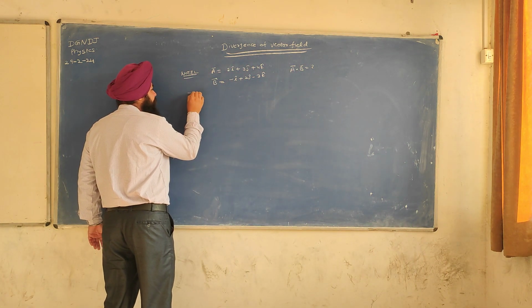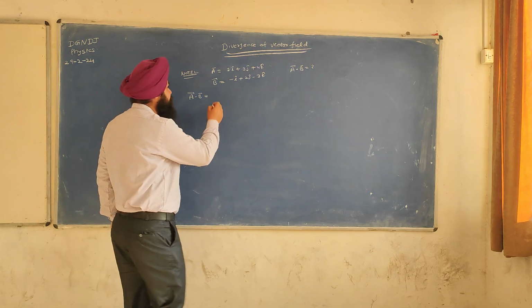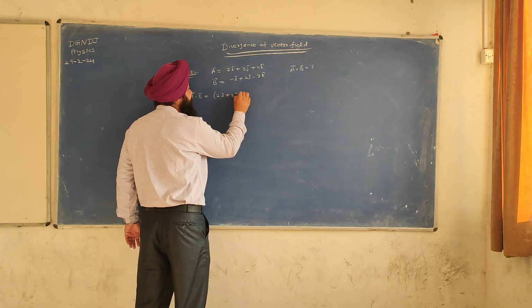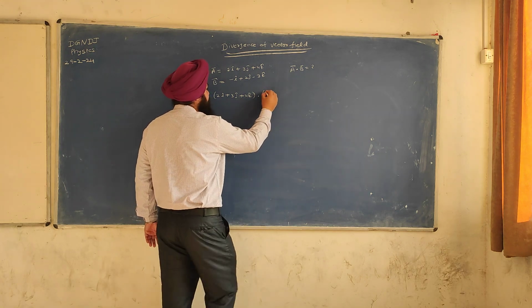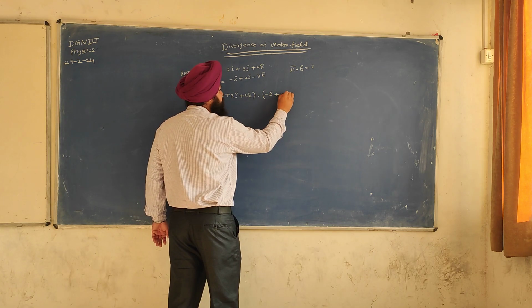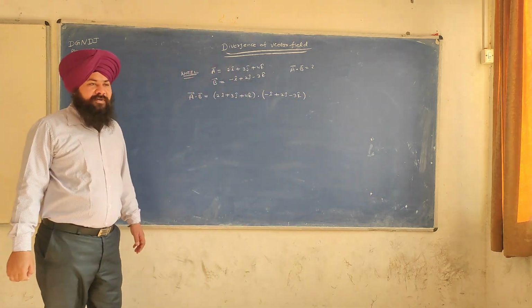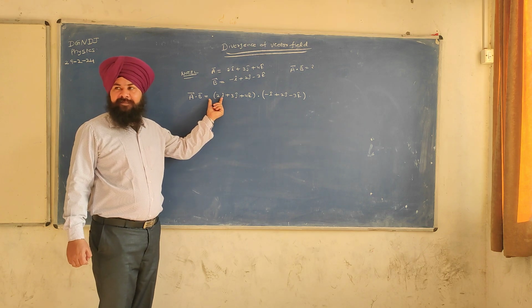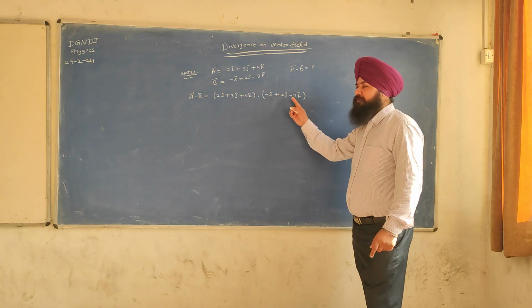So I will write A dot B is equal to 2i cap plus 3j cap plus 4k cap dot minus i cap plus 2j cap minus 3k cap. Now what's the rule? First of all, I will take 2i cap and multiply with all the components of this vector.